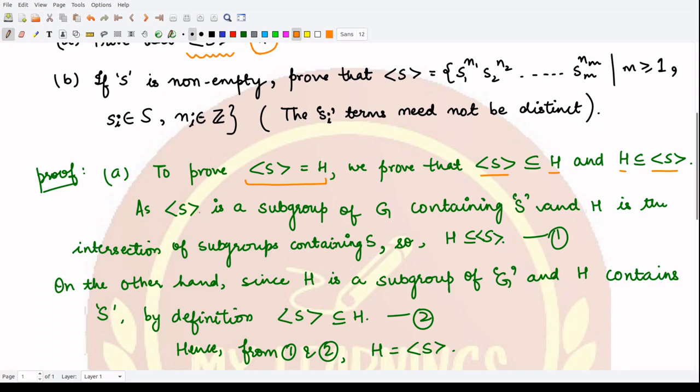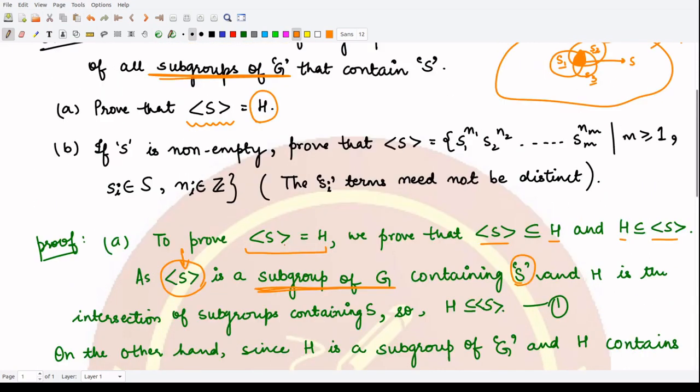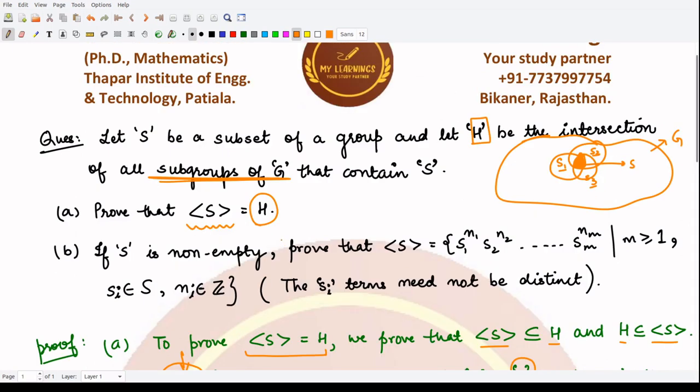Now, this set generated by S is a subgroup of G which contains S. Why? Because it is generated by S, and S is a subset of this group.